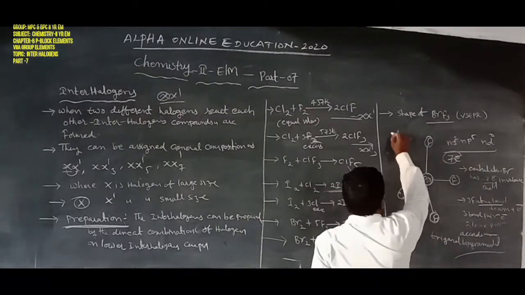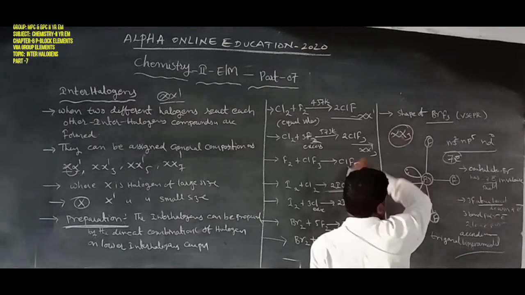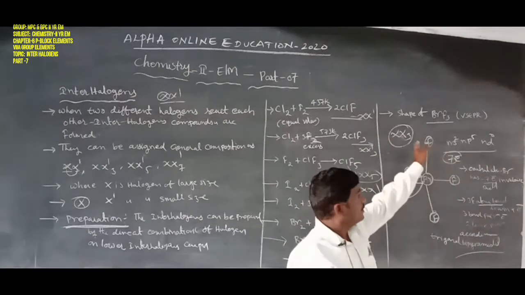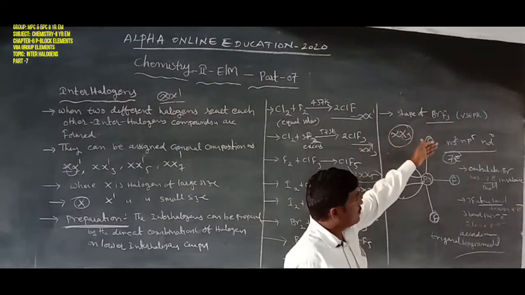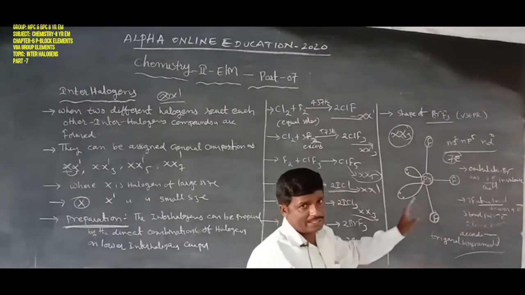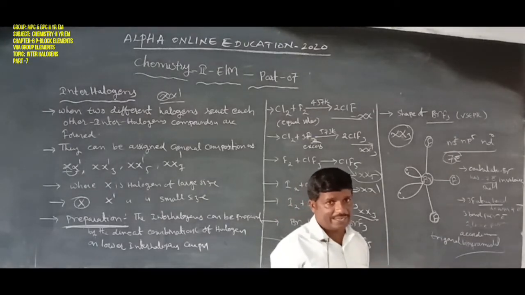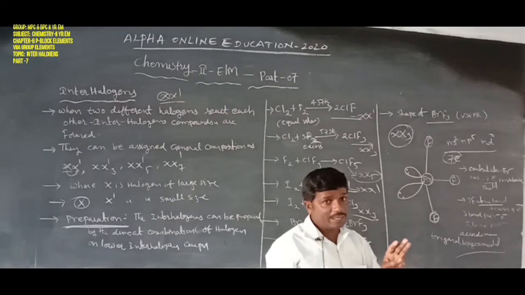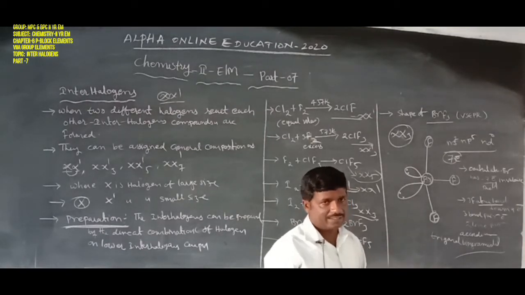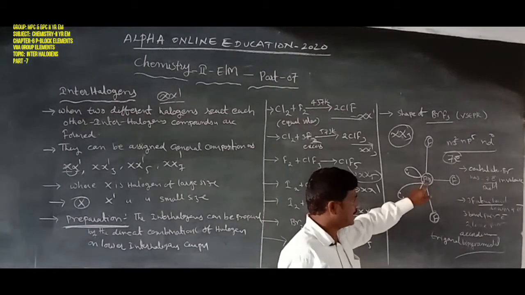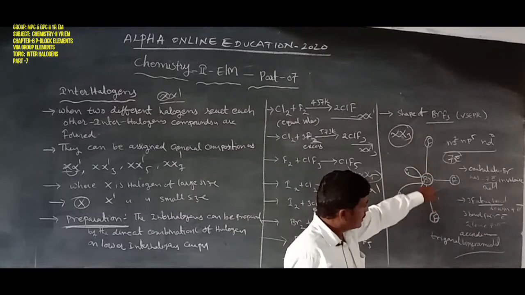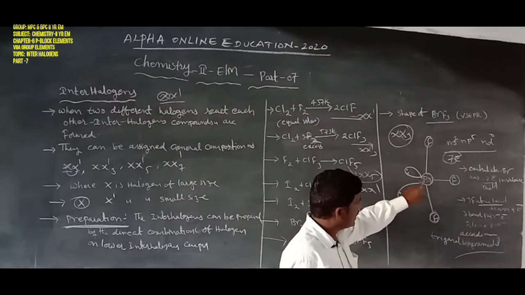BrF3 is an XX-3 type interhalogen compound, and its structure is explained by the VSEPR theory. In BrF3, bromine is the central atom with 7 electrons in the outermost shell, as it is in group 7A. Bromine bonds with 3 fluorine atoms, leaving 4 electrons.